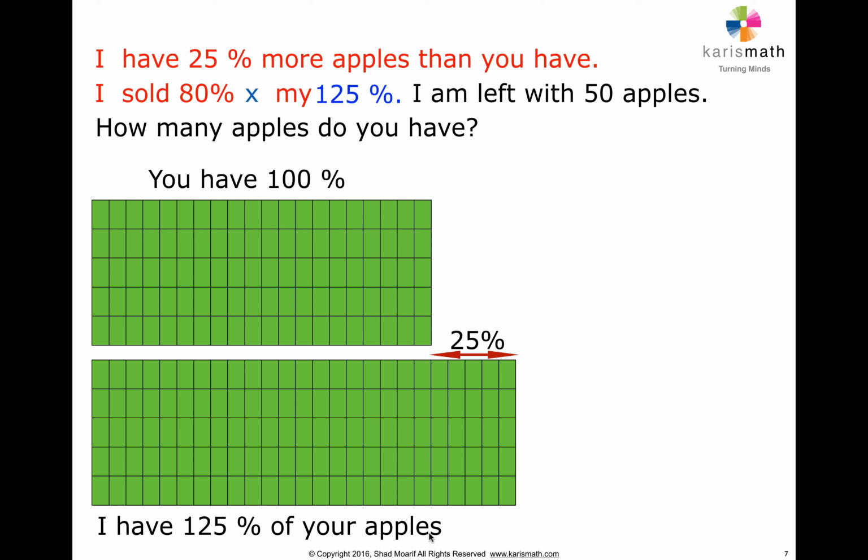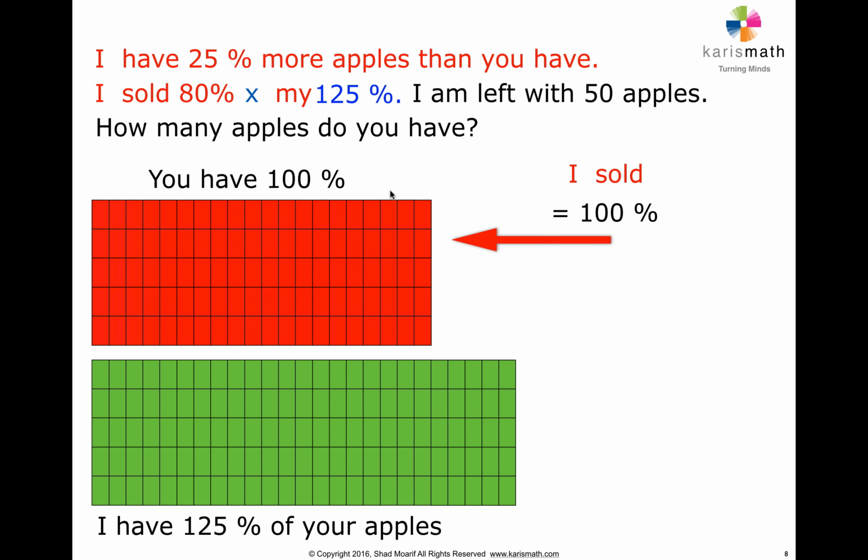Okay, and if I work out what's 80% of my 125%, which is what I sold, then 80% would be 4/5 of 125%, which is actually 100%, which means I sold this much, all 100 rectangles.